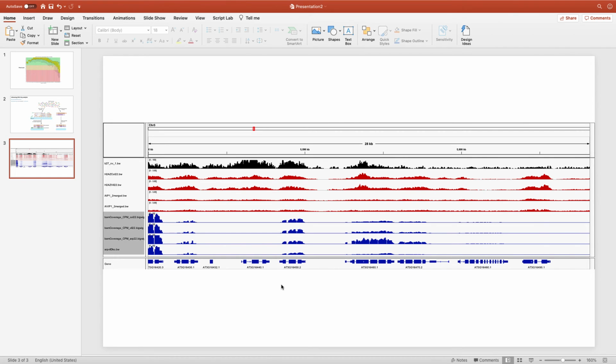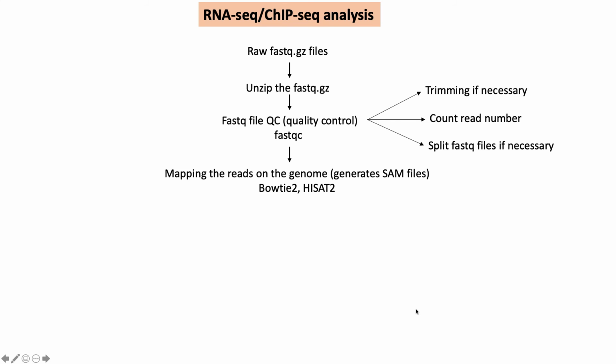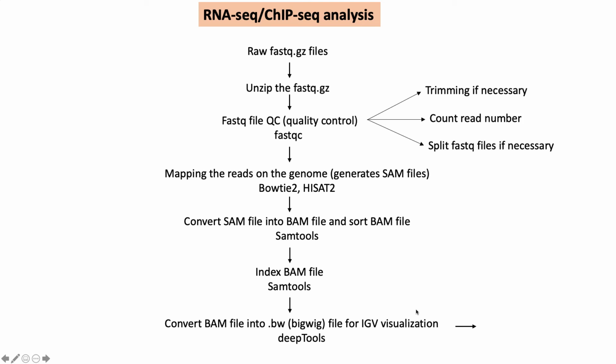Personally, for all of my analysis, I convert BAM files into BigWig files and look at them in IGV to see what the pattern is. Once you have done that, you can do the gene counting using bedtools.